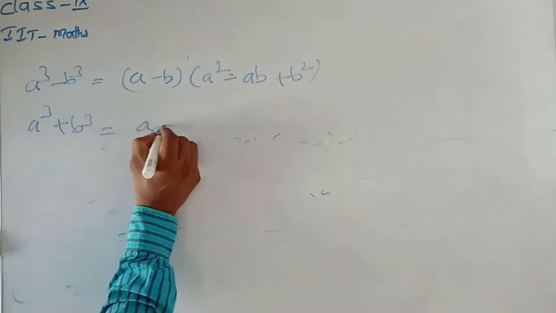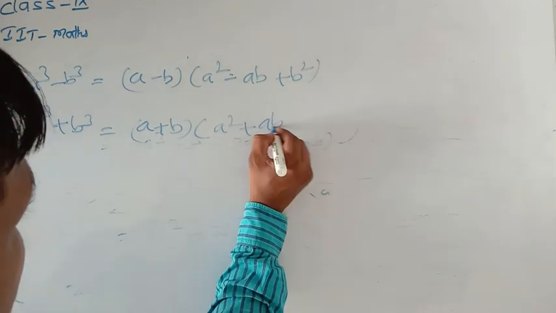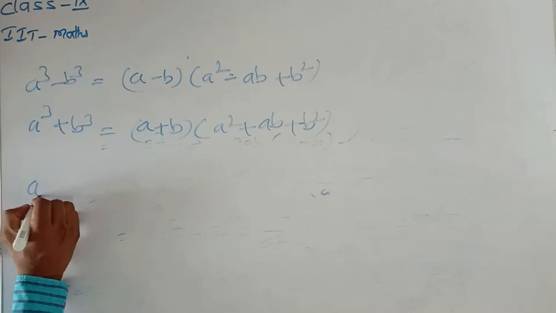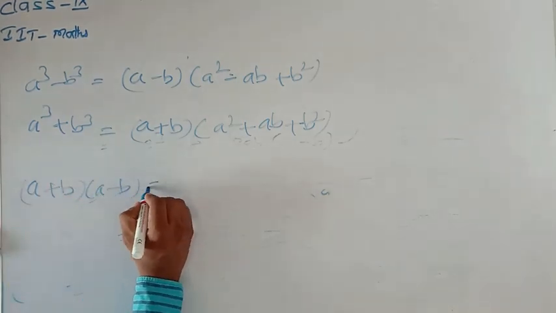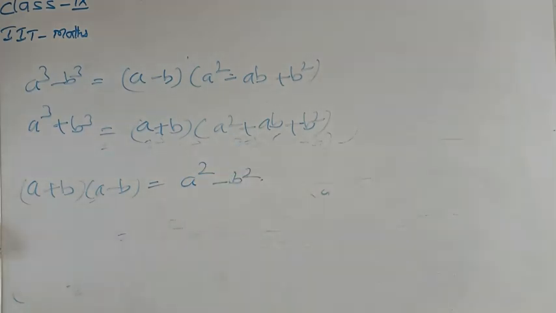And one more is (a + b) into (a − b), which gives a square minus b square. Children, these are the identities that we are going to use in algebraic expressions and upcoming classes.